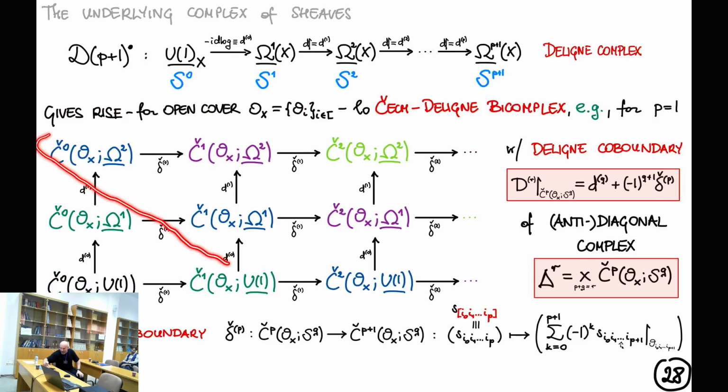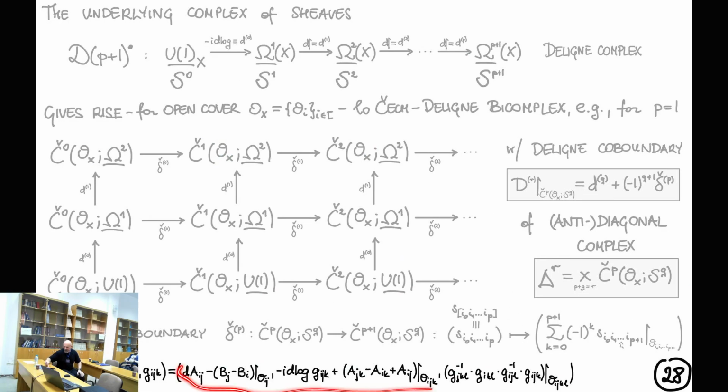It starts in the upper left corner and extends like so. I take D, which takes me here, and here, and here. And I produce this equation. And I demand this to be 0. And these are the data of the gerb.